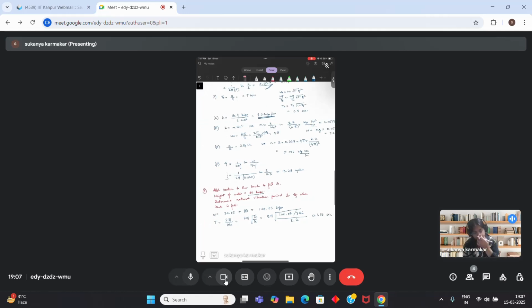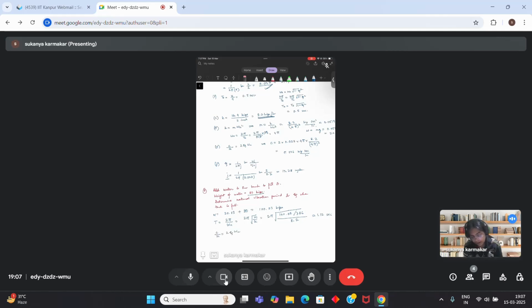Then I have to calculate the damping ratio. Any idea how do I calculate the damping ratio? Will it change, or will it remain the same? So I can use C by M is equal to 2 zeta omega n.